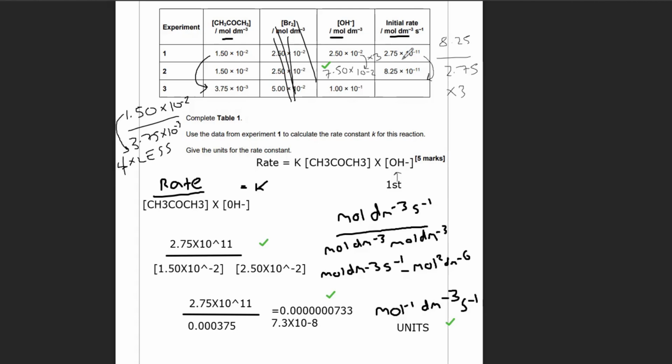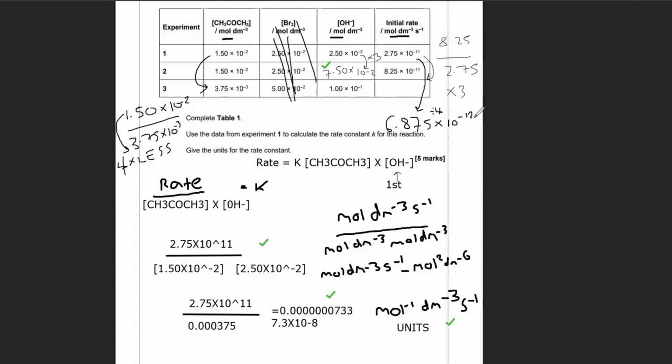That's because that's first order. So if that's divided by 4, then this has to be divided by 4.